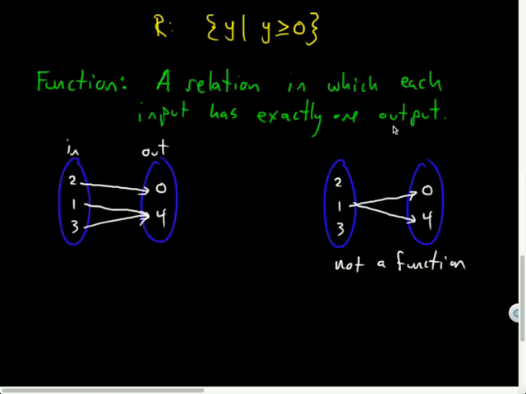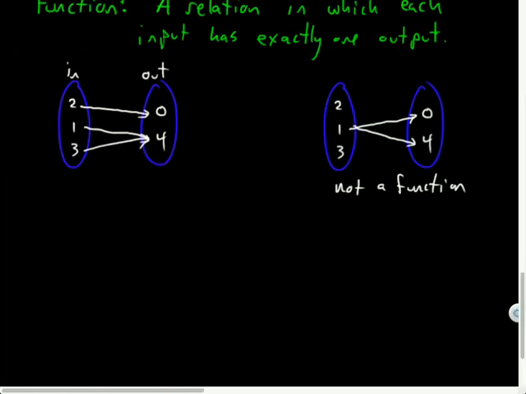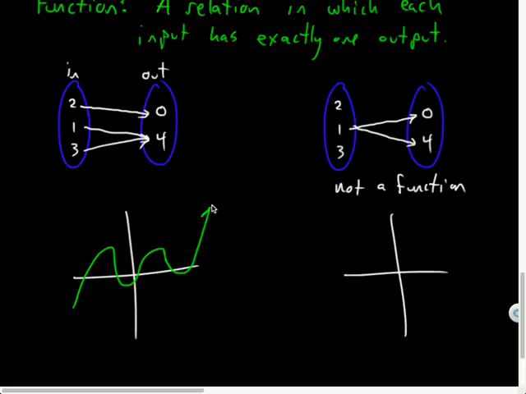All right, graphically speaking, there's this thing called the vertical line test. I'll show you a function and a non-function here. So check this out. Here's this crazy whoop, swoop, swoop-dee. And this is a function because of the vertical line test.